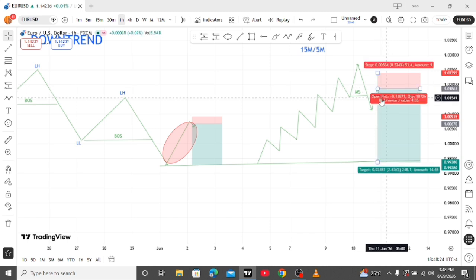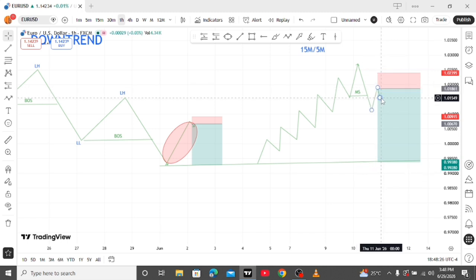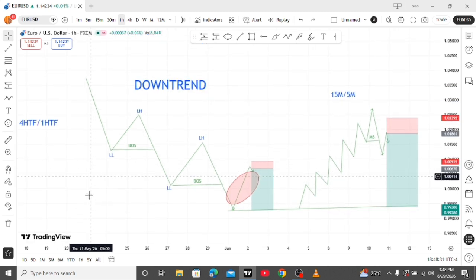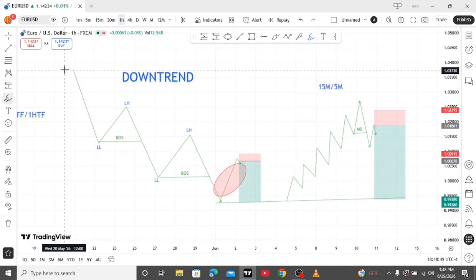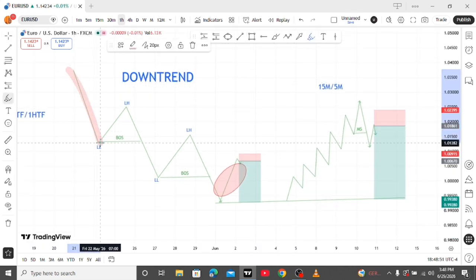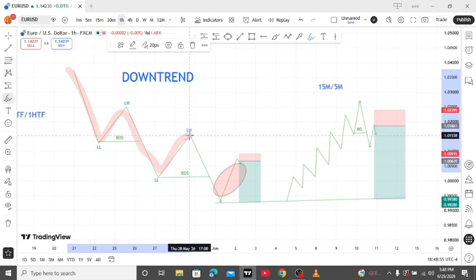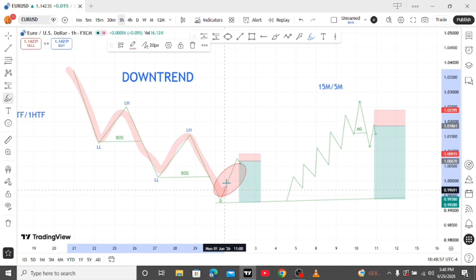So this is where we wait for the market to go straight to our take profit, because the market is really going down from the bigger time frame. How do we know the market is going down? Because the market is making lower low, lower high, lower low, lower high, lower low, now lower high.